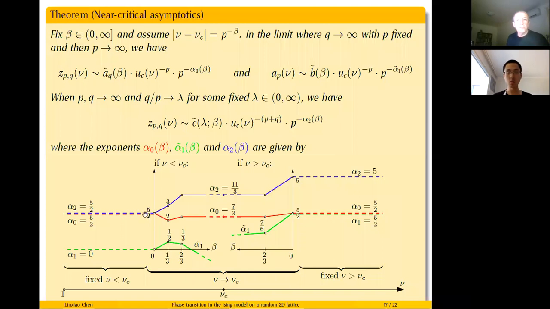As you see, this solid line interpolates conveniently between the graphs on the previous page. The green graph is somewhat different because here we are not taking the asymptotic of this coefficient, but the asymptotic of a different variable. So the alpha 1 does not really fit in.